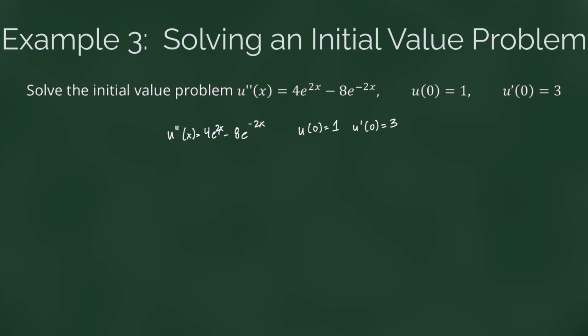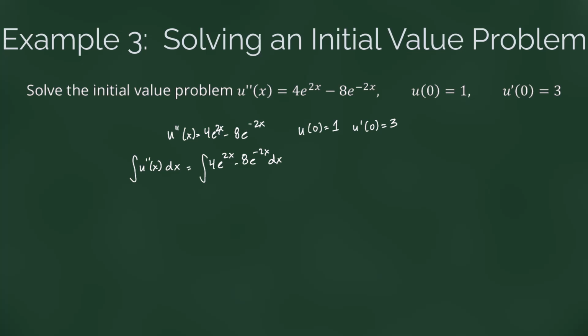So bear in mind that our goal, anytime we're solving a differential equation, is we're looking for a function. We are looking to find a function u of x that satisfies these conditions. We can start with taking an antiderivative. So if we take the antiderivative of u double prime of x with respect to x, that is the same as the antiderivative of 4e to the 2x minus 8e to the negative 2x with respect to x.